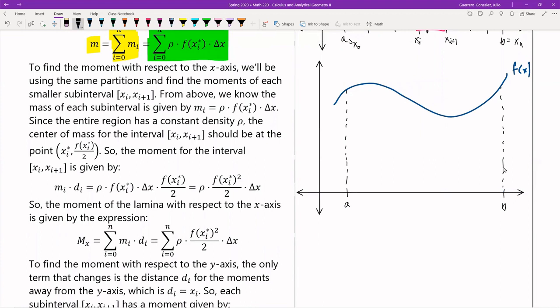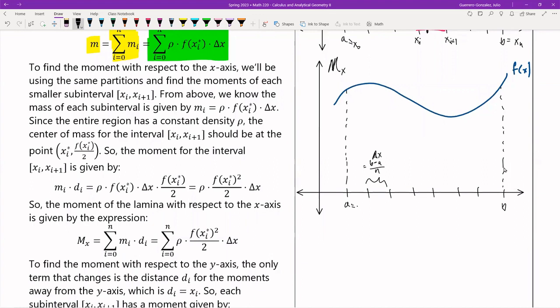So what I'm going to do here is find the moments with respect to the x-axis. Same thing as before. I'm going to divide this up into smaller little pieces. Each one of these pieces is going to be my delta x, which is equal to b minus a over n.